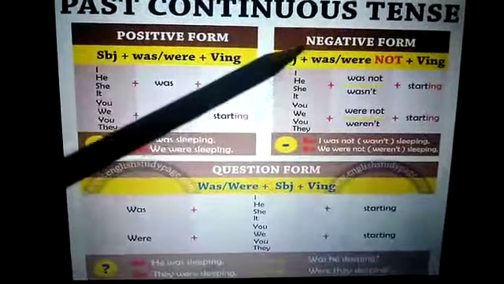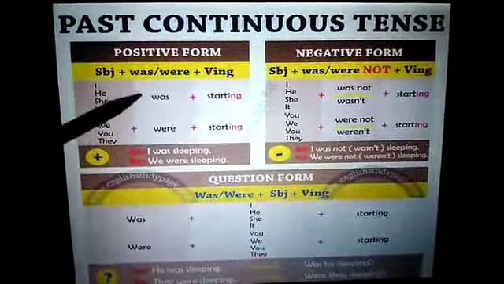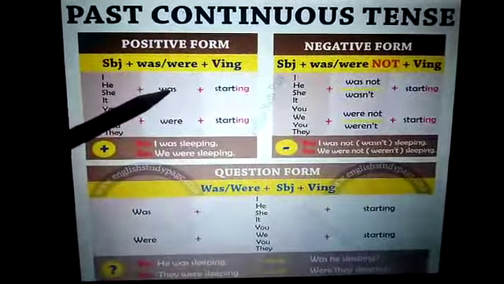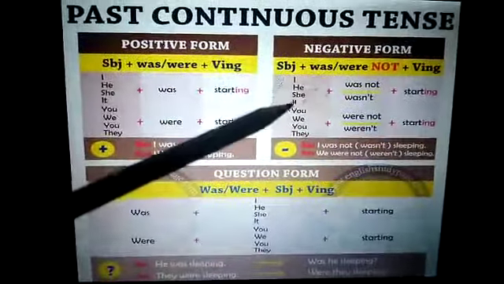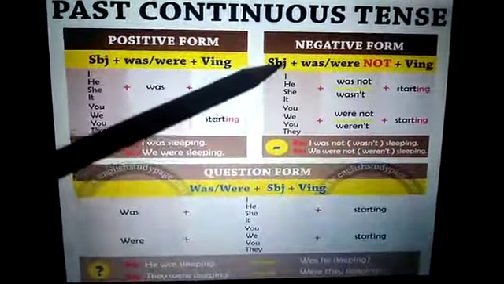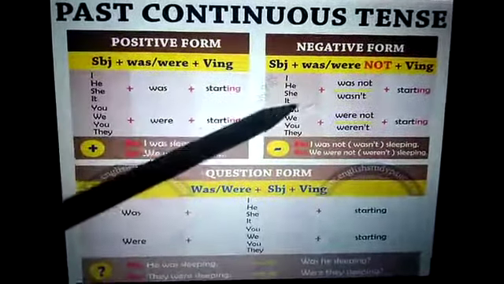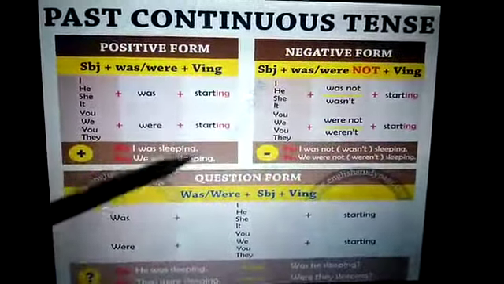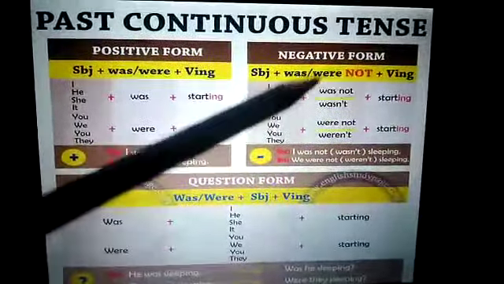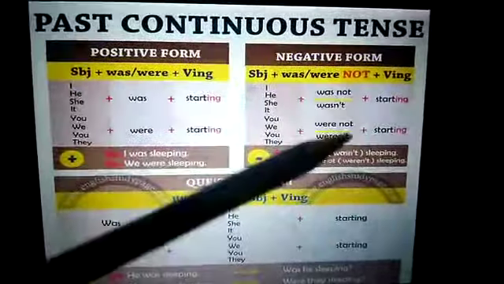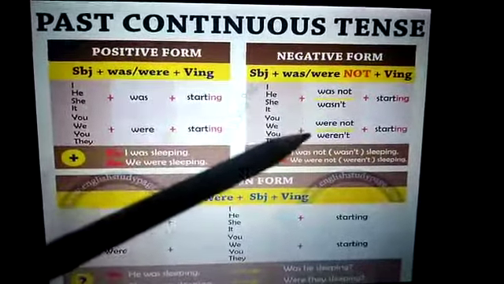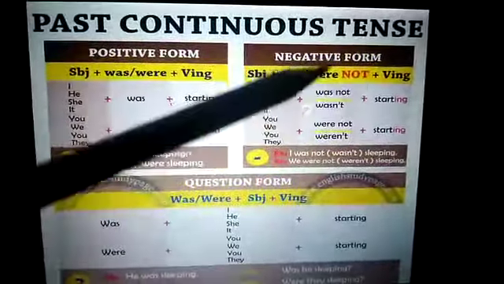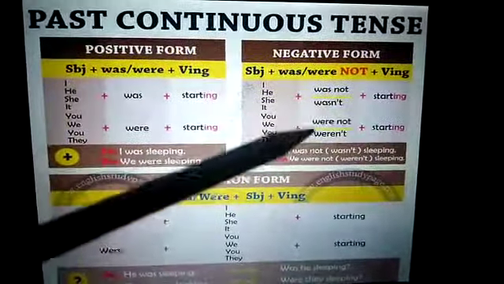And in the same way, if we are transforming the past positive continuous tense into past negative continuous, then we will change it with the word not. Okay, there are no further changes other than the word not. When we are changing affirmative into negative past continuous tense, we just add the word not with the past form.